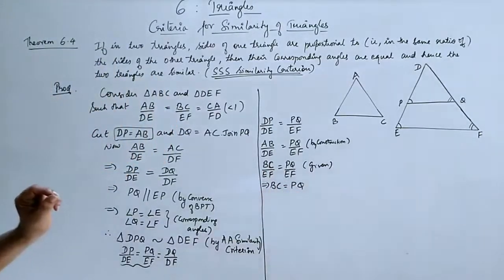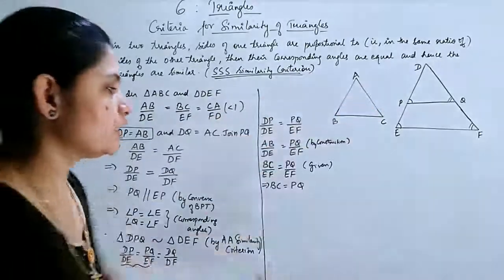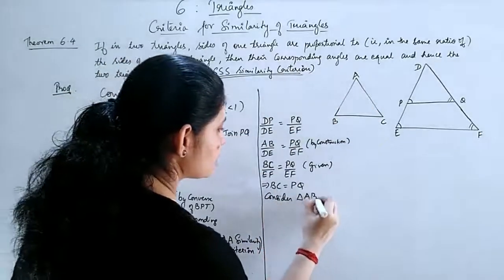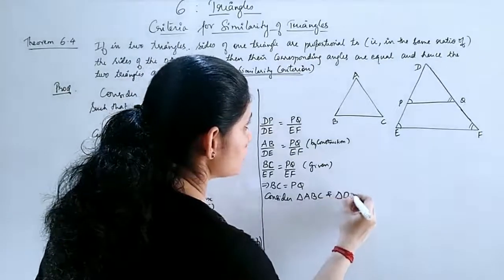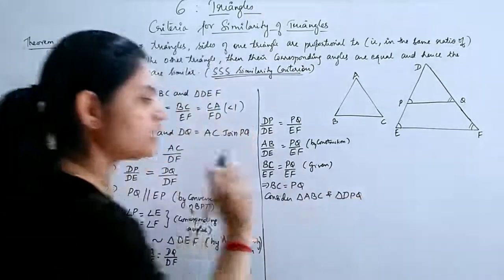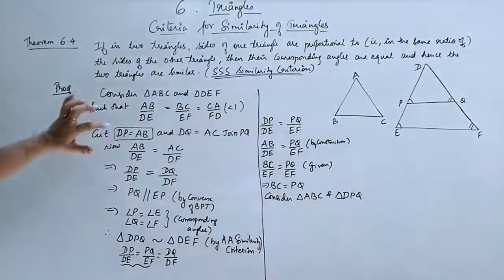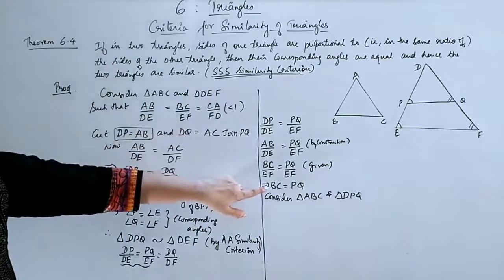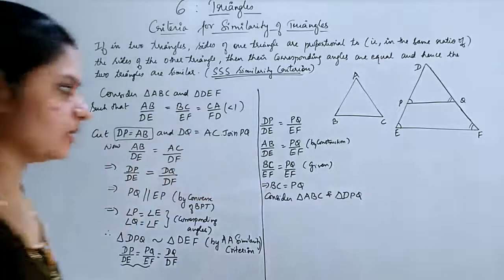So if we consider the triangles ABC and DPQ, the three conditions which we are getting are DP equal to AB, DQ equal to AC and BC equal to PQ. That means all the three corresponding sides are equal, right?